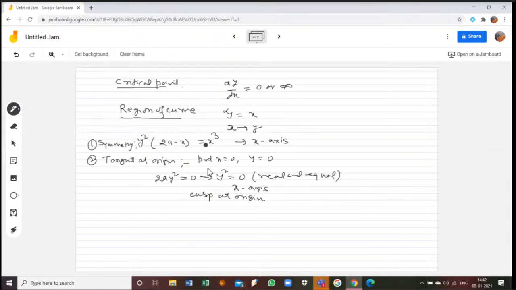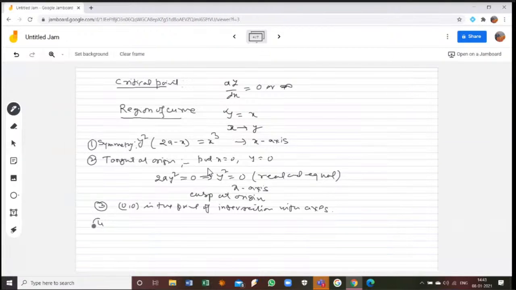It means that only 0, 0 is the point of intersection with the axis.